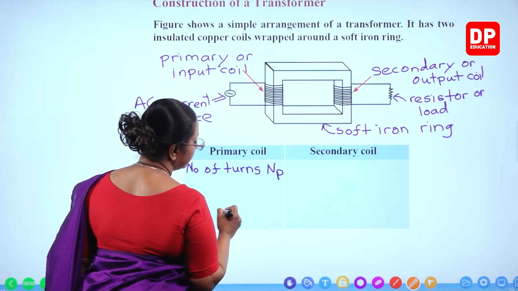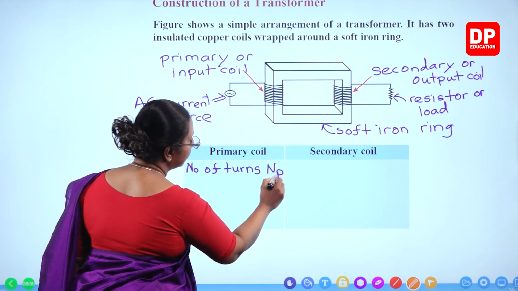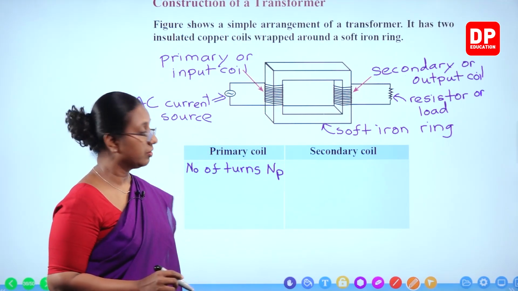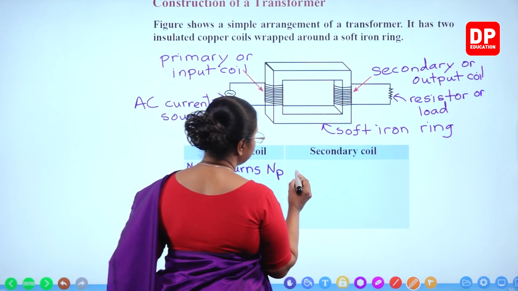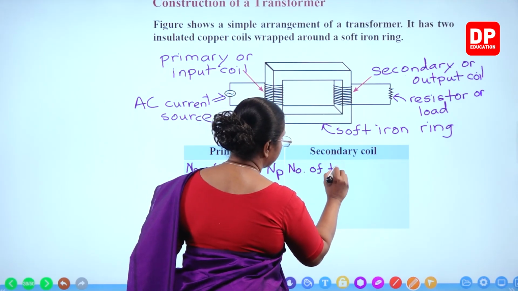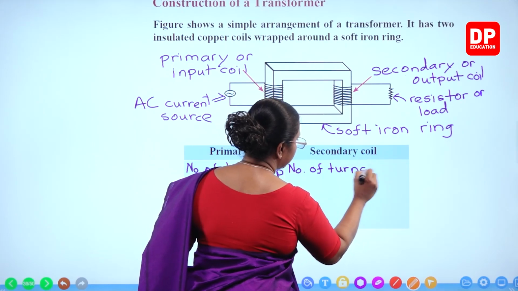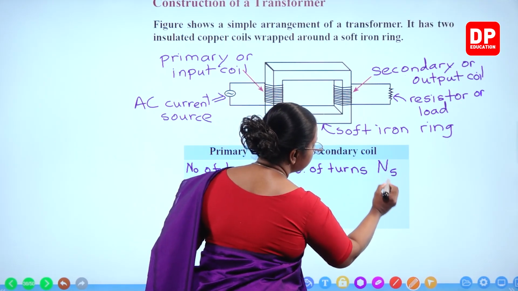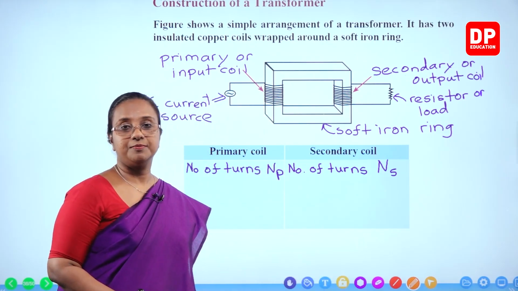Number of turns is indicated by N and the P as the subscript indicates the primary coil. The same way in the secondary coil, the number of turns is indicated as Ns. Number of turns in the secondary coil.